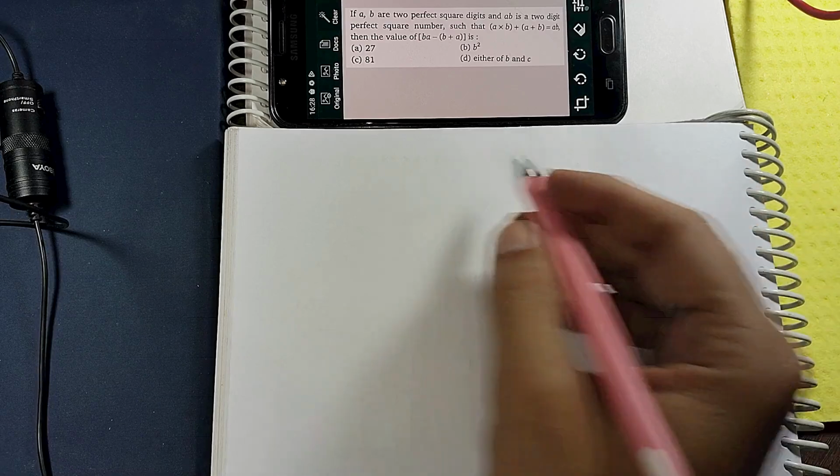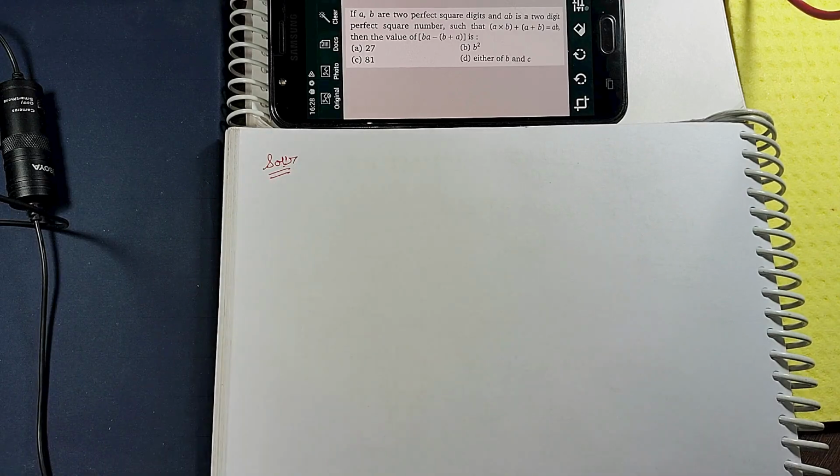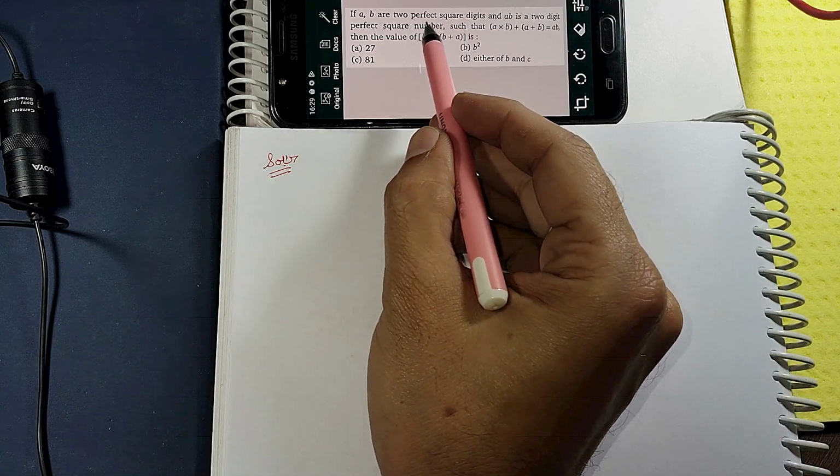If a and b are two perfect square digits and ab is a 2-digit perfect square number such that a into b plus a plus b is equal to ab, then the value of ba minus b plus a is, options are 27, b square, 81, either of b and c. Now a and b are single digit numbers, two perfect square digits.